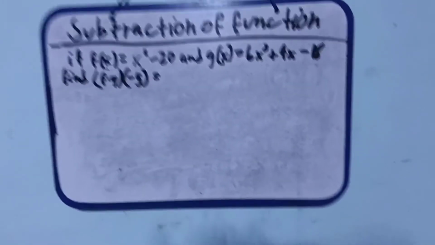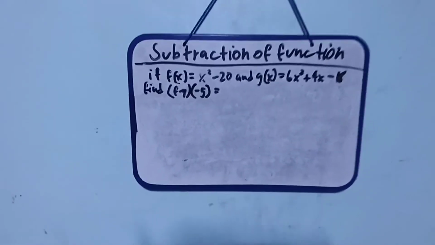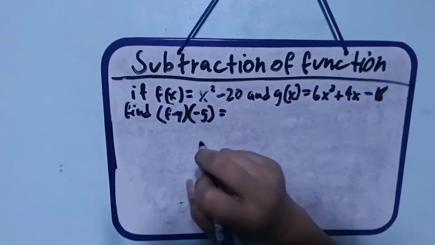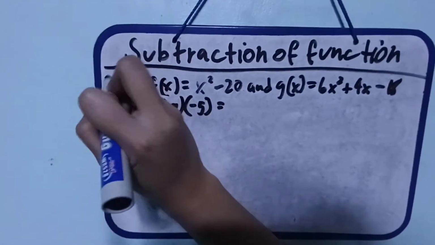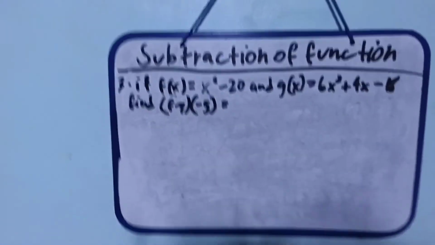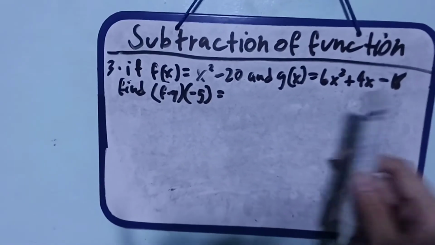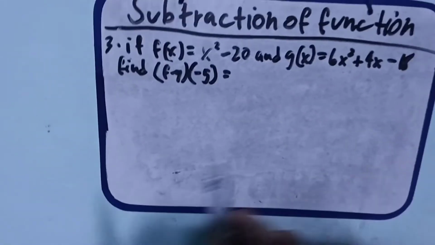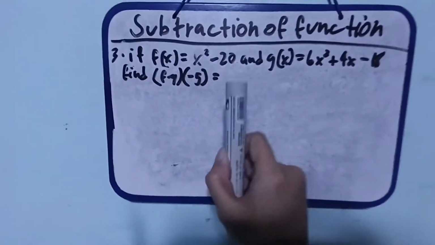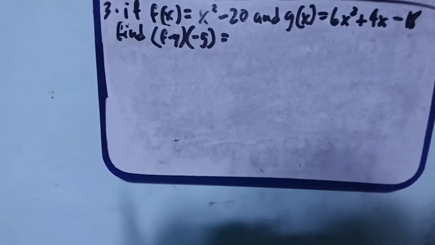So, finally, nasa last problem na tayo. Ganito siya isolve. Number 3, if f of x is equal to x squared minus 20 and g of x is equal to 6x squared plus 4x minus 18, find f minus g of negative 5. First, let's find the function first.